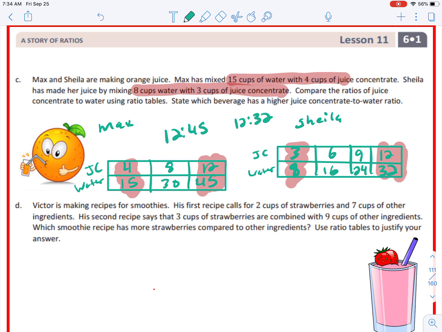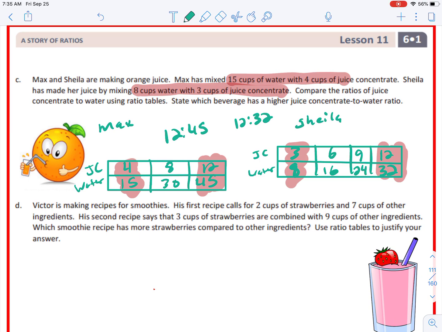For every 12 cups of juice concentrate, Max adds 45 cups of water. For Sheila, for every 12 cups of juice concentrate, she adds 32 cups of water. So Sheila has the higher juice concentrate to water ratio because she makes 12 cups of juice concentrate to only 32 cups of water.